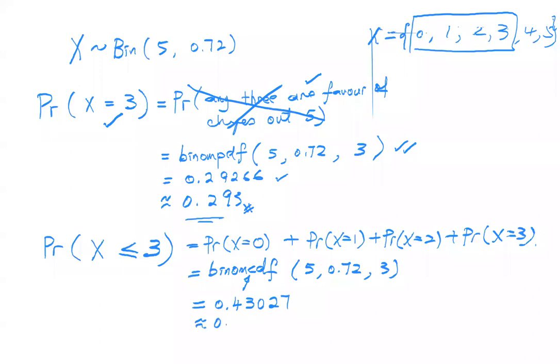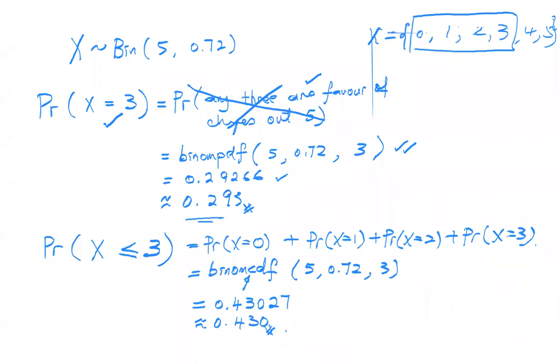So 0.430. Are you okay? Can or not? Do you all get that? Bram, do you get that? Do you type in the binom CDF? Do you think the number of trials is 5? 0.72? 3? Okay, correct.